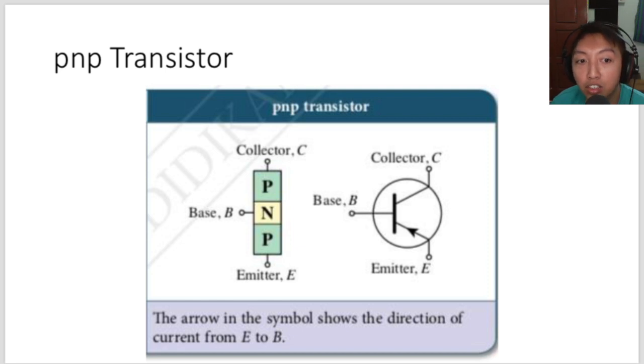If there is no charge flowing through B, then no electricity is going to flow through E and C. So B functions as the gatekeeper in a circuit. B is saying, if I don't get electricity, you're not getting electricity either.